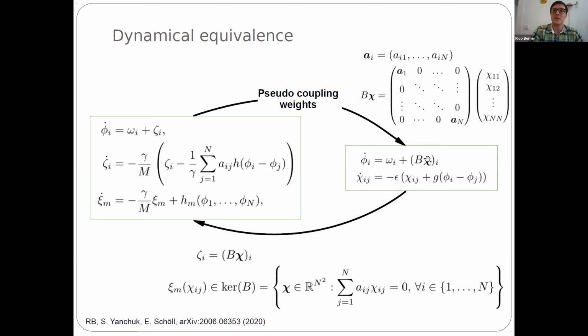Then we can write this equation like this. And if we now define the image of this matrix as new coordinates, and we look at the coordinates of the kernel, so the zero set of this matrix, and rewrite this equation, we end up with this equation.